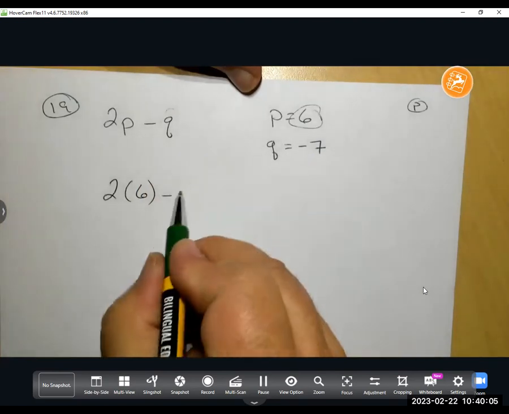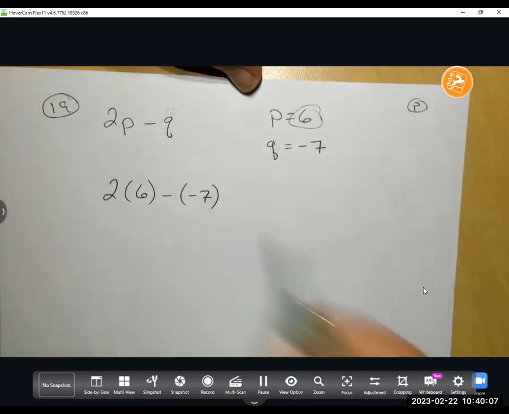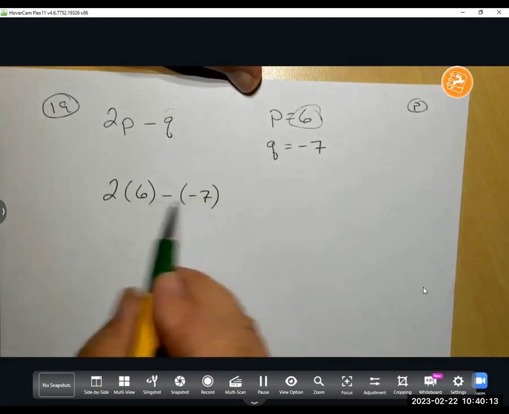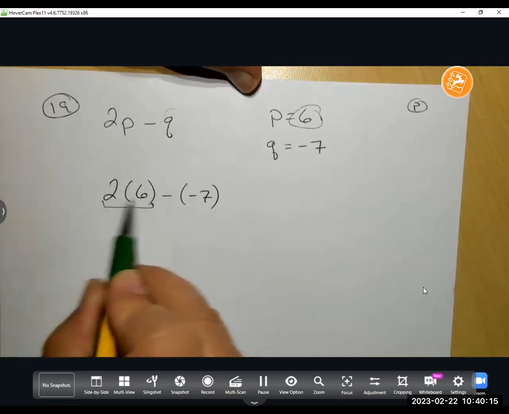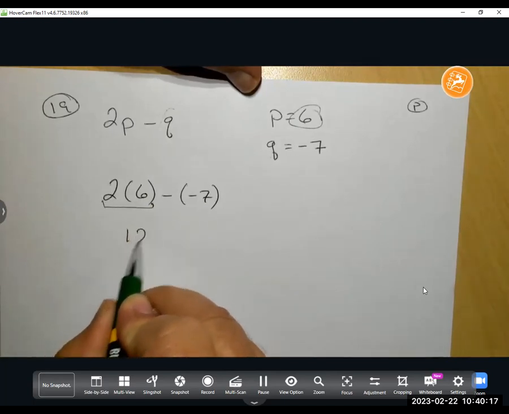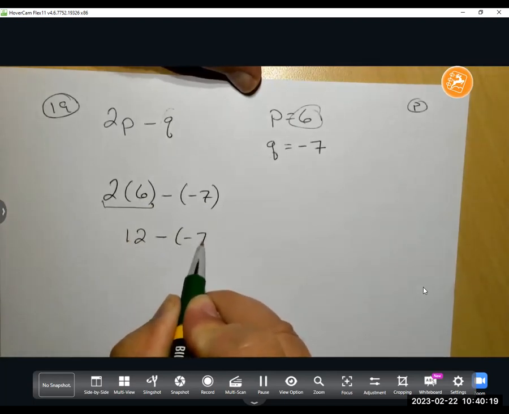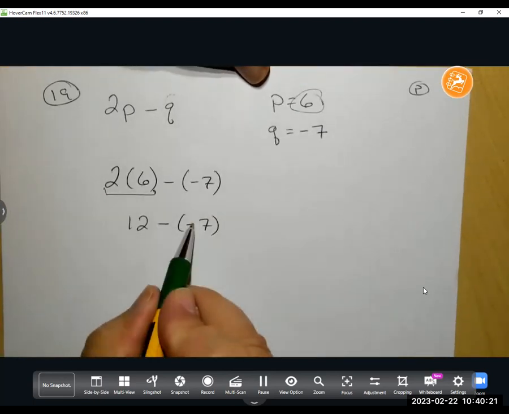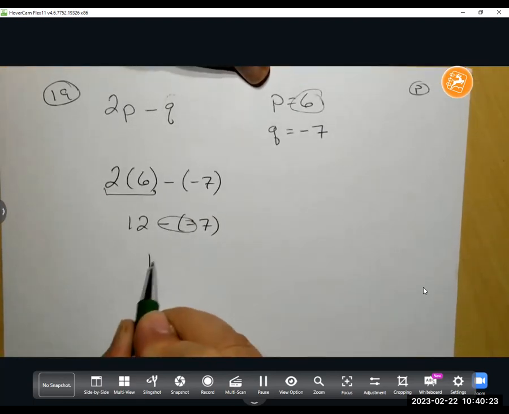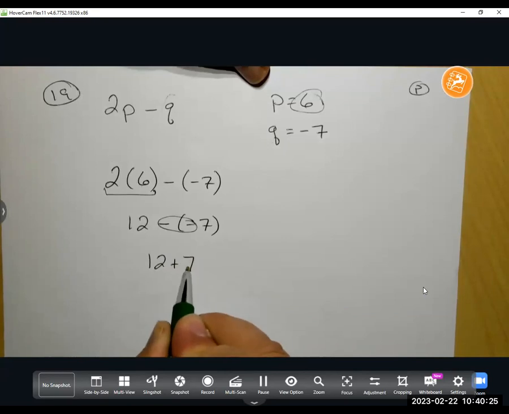Where I see a Q, I put a -7 in its place. So no special operations. So 2 times 6 is 12. 12 plus 7 is positive 19.